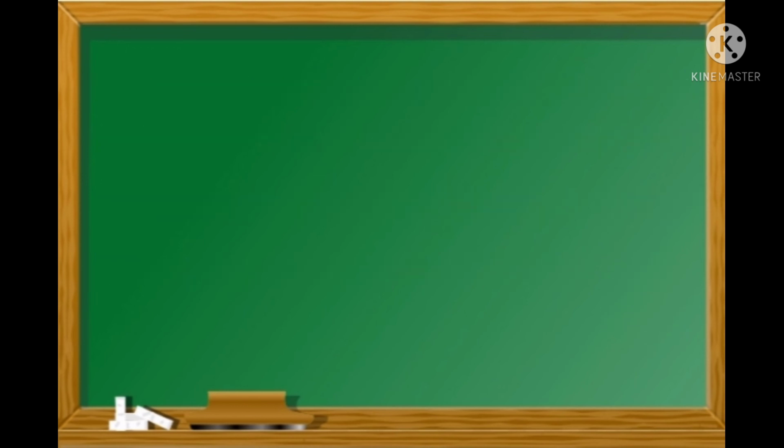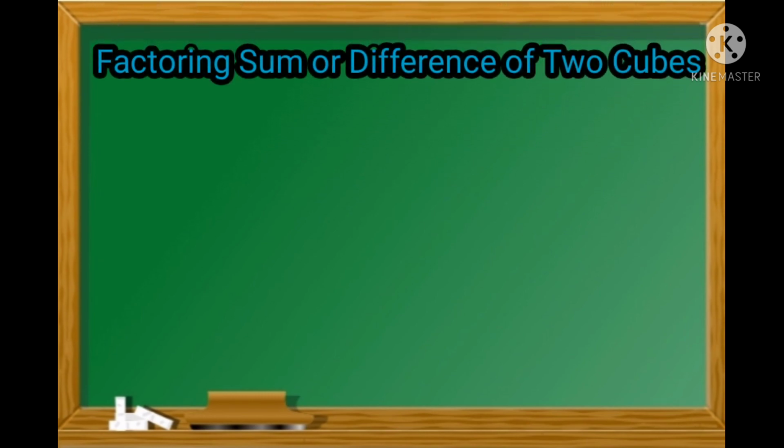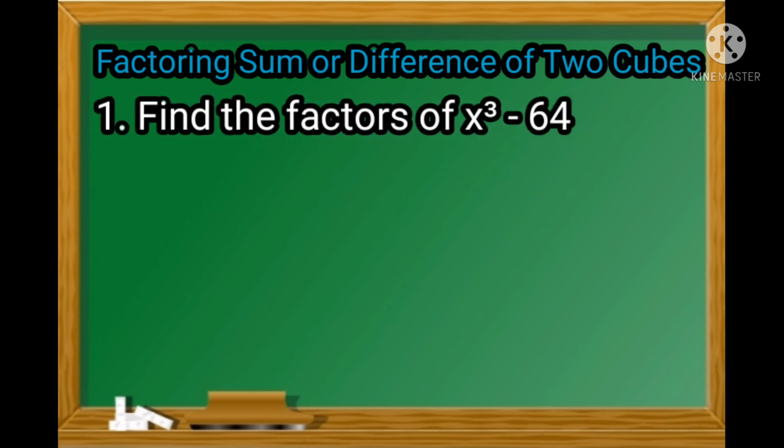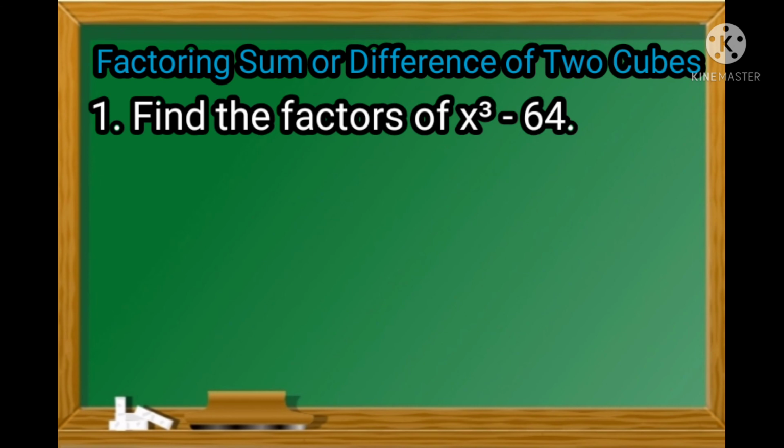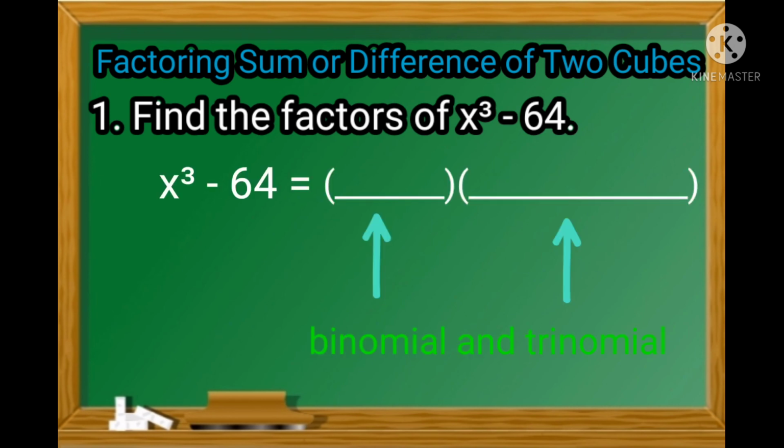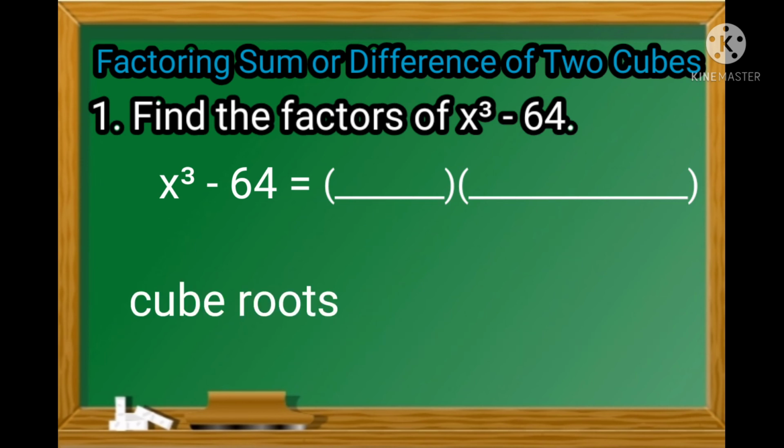Let's now explore how to factor a polynomial using sum or difference of two cubes. Example number 1. Find the factors of x cubed minus 64. The factored form of this is the product of a binomial and a trinomial. Our binomial factor is taken from the cube roots of the first term, which is x cubed, and the last term, which is 64.